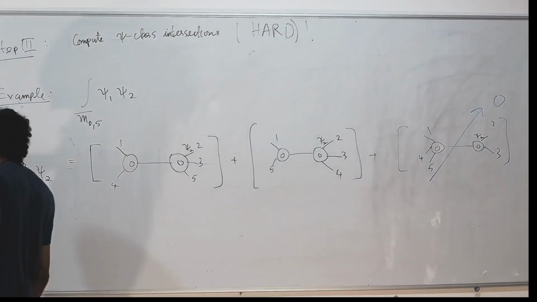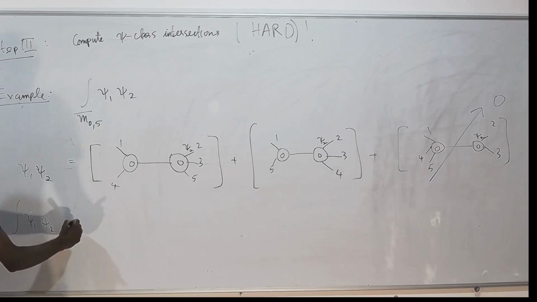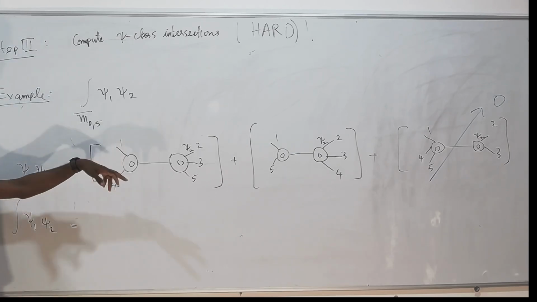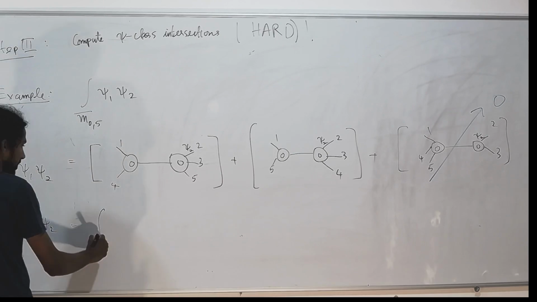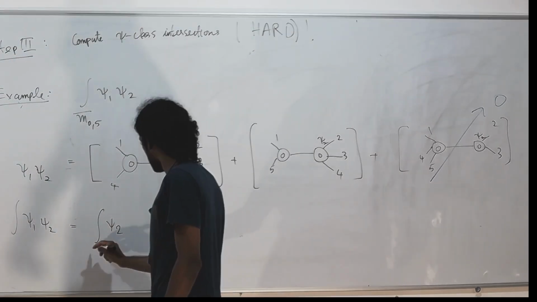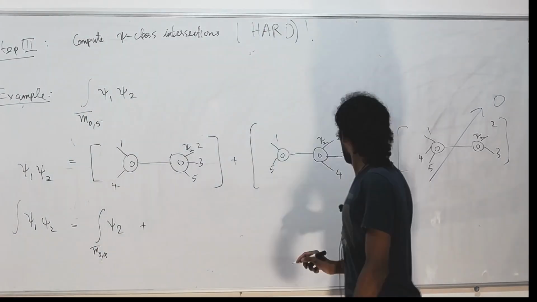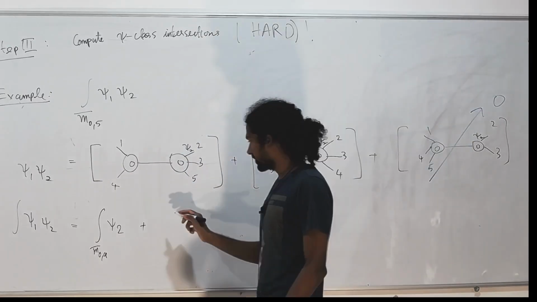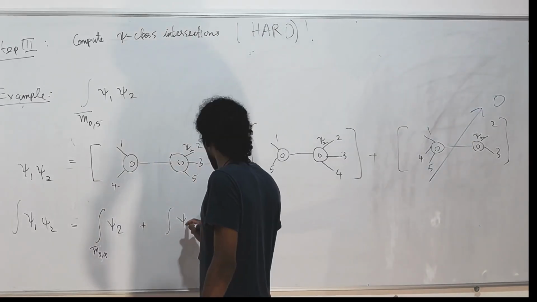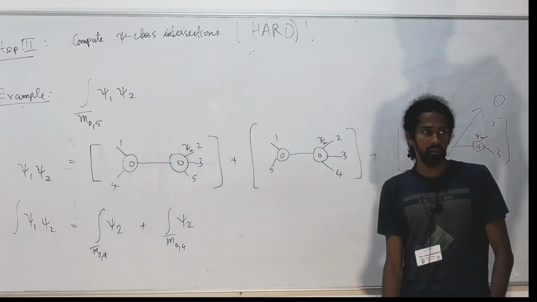Okay. Now, what is an integral? The integral is just an integral of decorated stable graphs. So the integral of psi 1, psi 2 is integrating the class 1 on this component, and integrating a psi class here, plus that. It's the same thing. And we already computed this integral before.